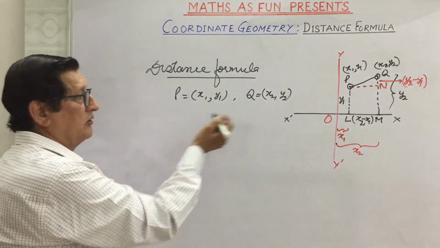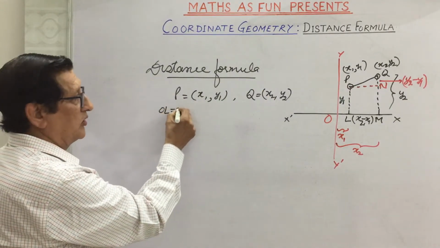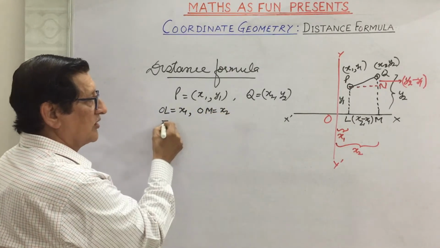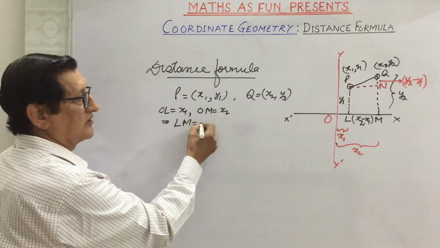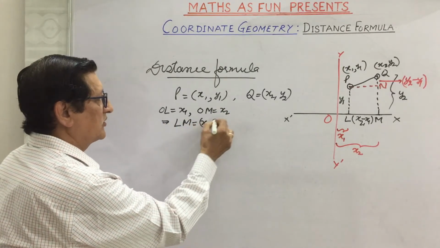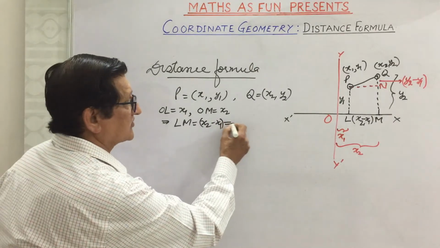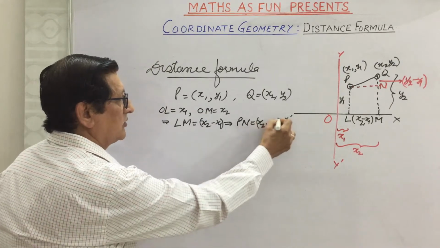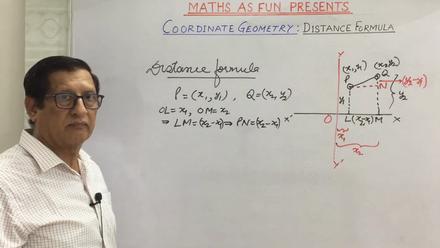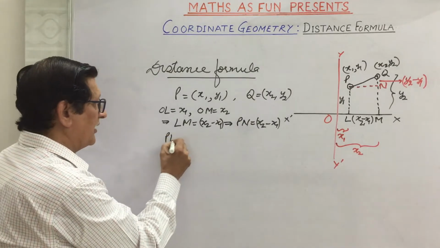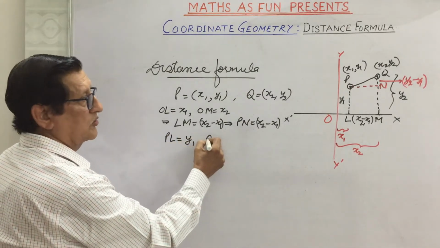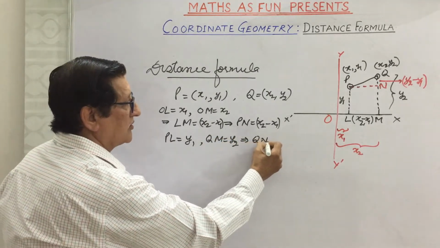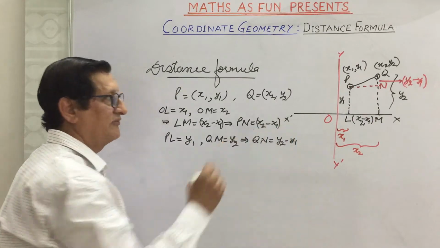Now we write here that we have OL is equal to x1, OM is equal to x2, which implies that LM is equal to x2 minus x1, and hence we can say that PN also will be x2 minus x1. Similarly, we have PL equal to y1, QM equal to y2. It means QN is equal to y2 minus y1.